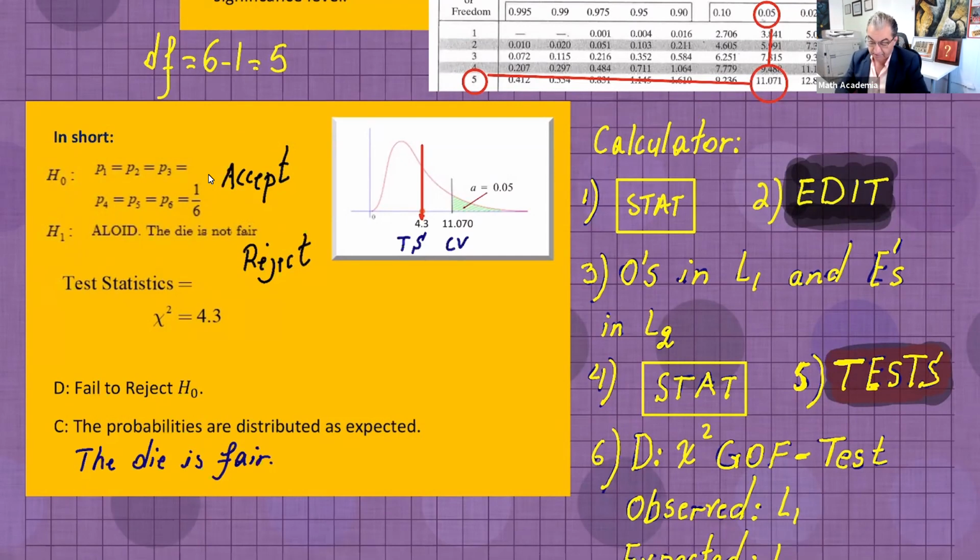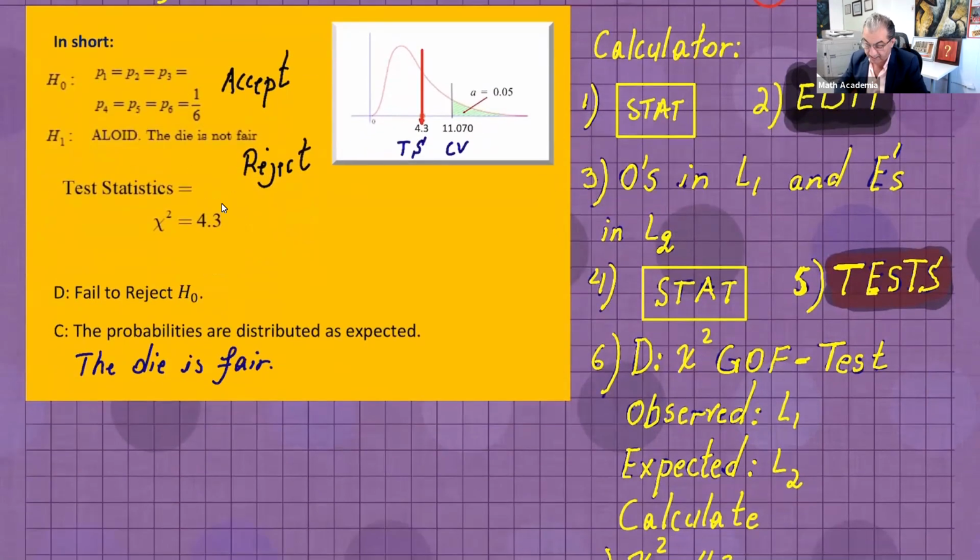Now, for the calculator, I put the steps. You go to stat, number 2, edit. Put all the O's in L1 and E's in L2. Then go to stat again, go to test, and scroll down to D and find chi-square GOF, which stands for goodness of fit test.